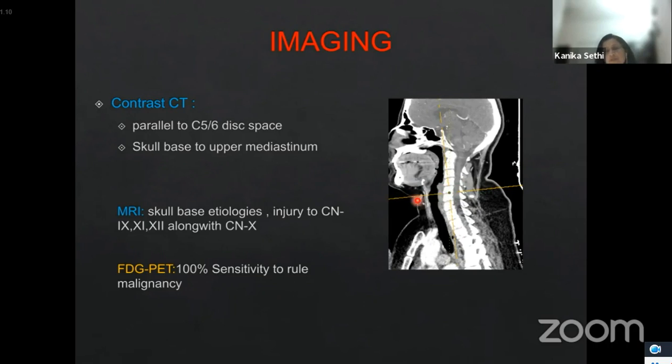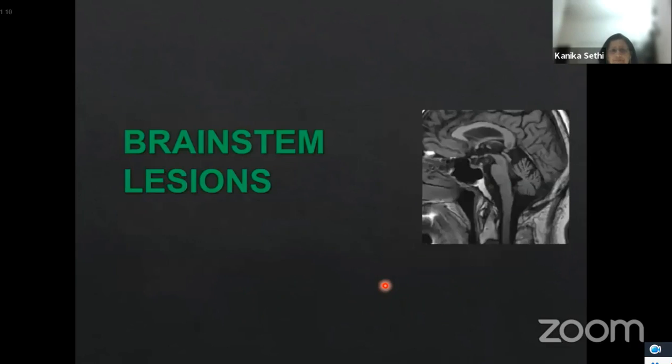So this is how you do laryngeal imaging, or reconstruct the axials parallel to the C5-6 disc space, which will produce imaging parallel to the true vocal cord. Then you go from the skull base right up to the superior mediastinum. But if you are suspecting a higher vagal nerve palsy that is involving the skull base, you do an MRI. PET is very sensitive to rule out malignancy.